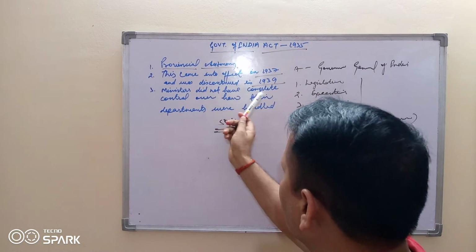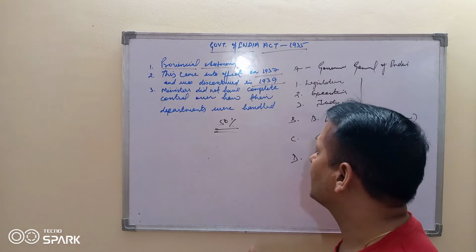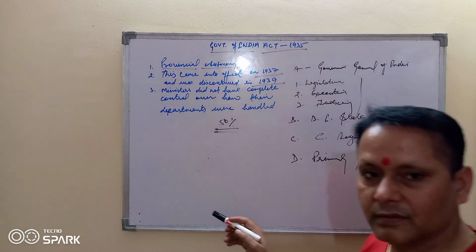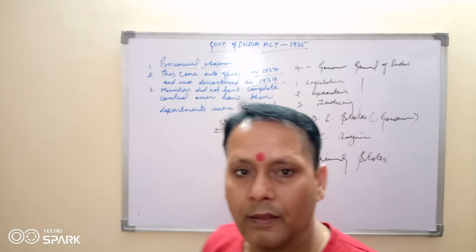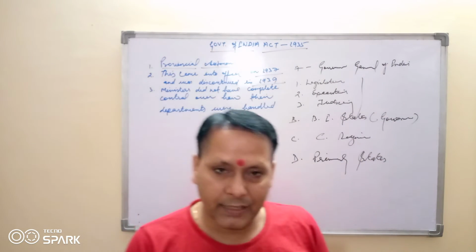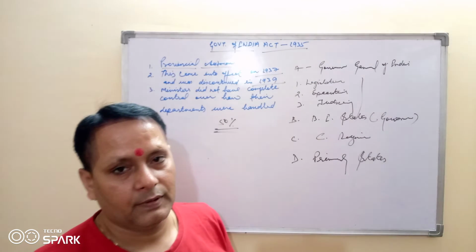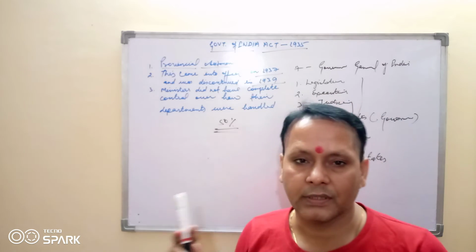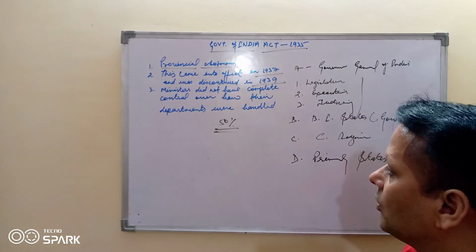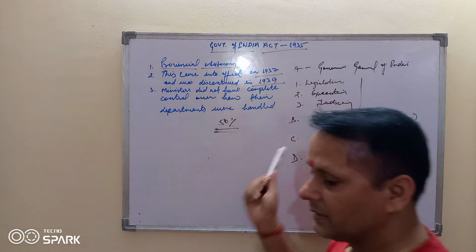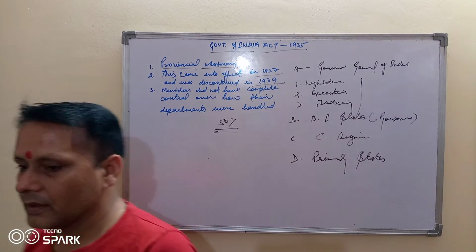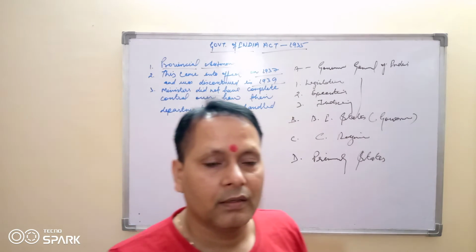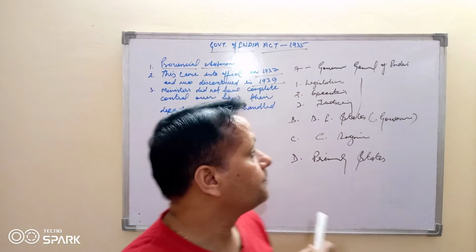So ministers did not have complete control over their departments, because a few topics, a few subject matters were reserved for the permission of governors and the Governor General of India. So it's a very weak point for their failure.